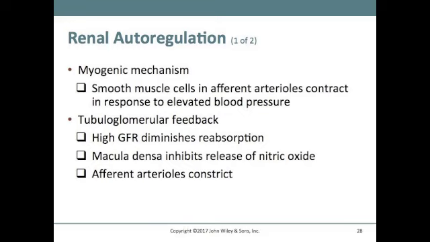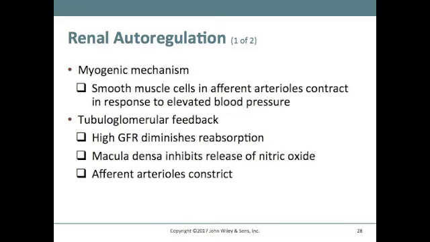Furthermore, when arterial blood pressure drops, the smooth muscle fibers are stretched less and thus relax. The afferent glomerular arterioles dilate, renal blood flow increases, and the glomerular filtration rate increases. The myogenic mechanism normalizes renal blood flow and the glomerular filtration rate within seconds after a change in blood pressure.